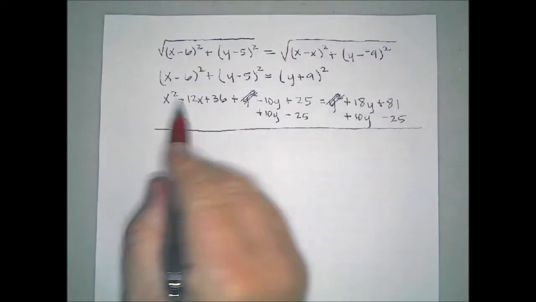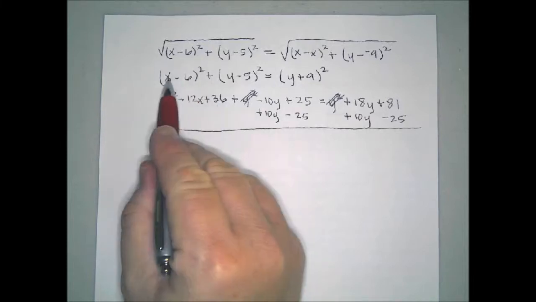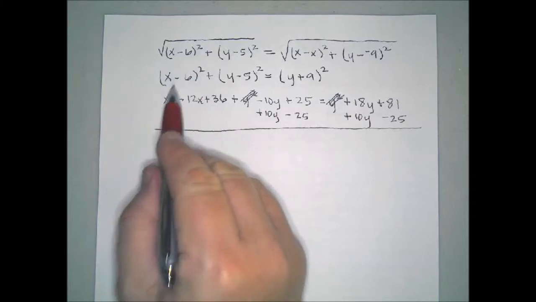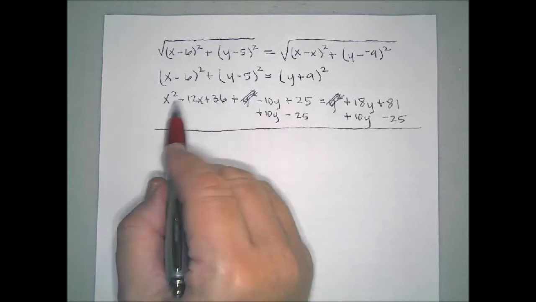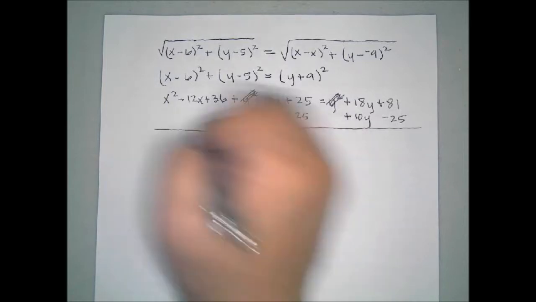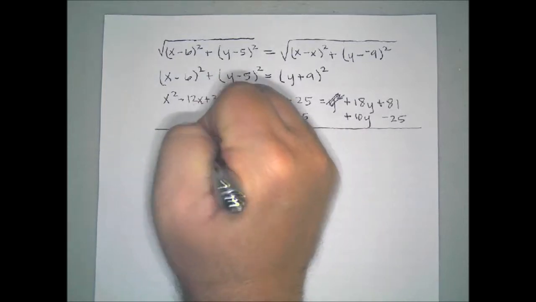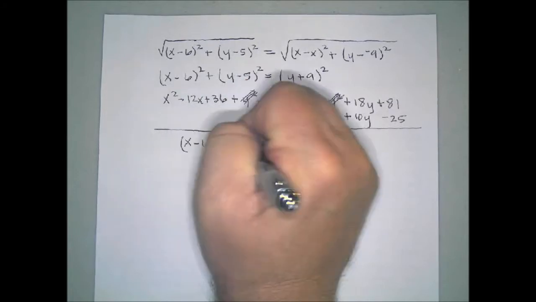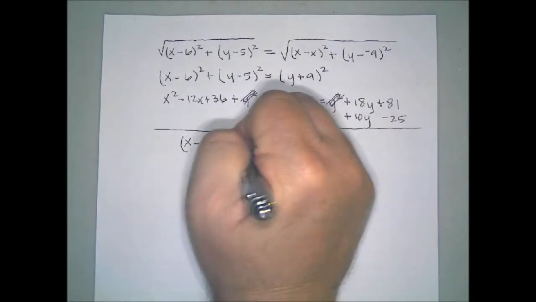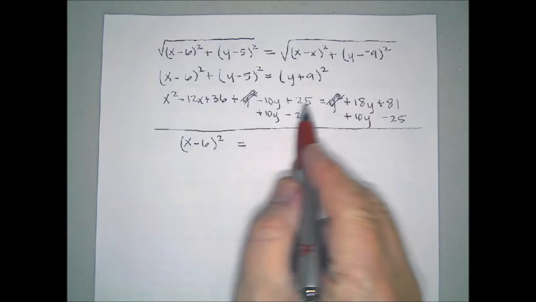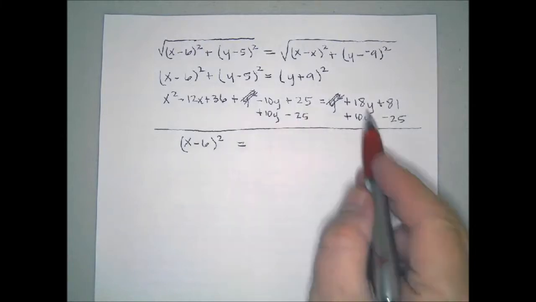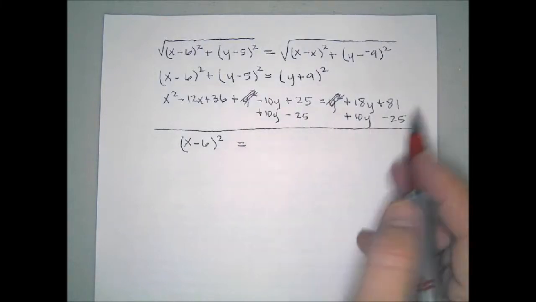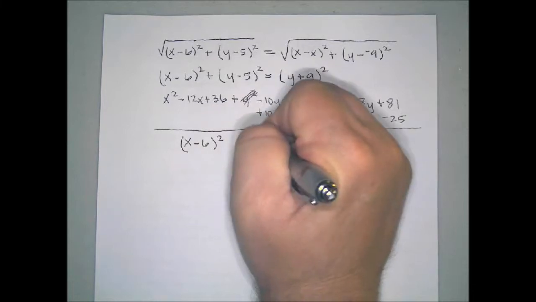Now, algebraically, I'm now at this point. Remember I said I really didn't have to do this because it was a perfect square in the first place? Well, I'm just going to turn it back into its perfect square of x minus 6 squared equals. Notice there's nothing else on the left-hand side. Now, this would be 28y.